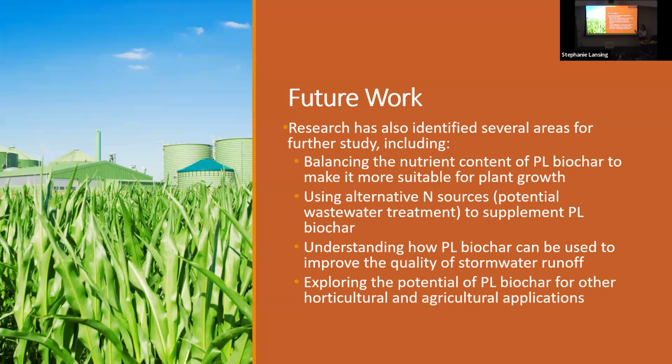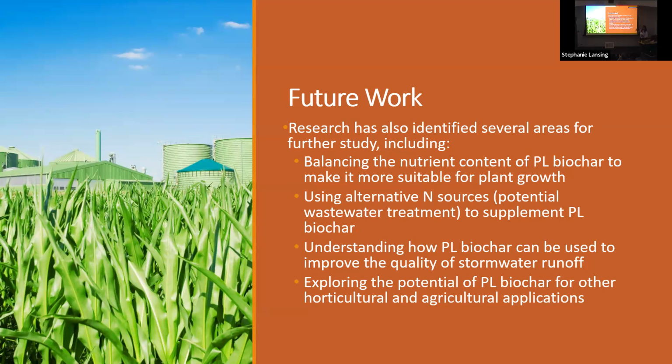So in order to continue this research, it would be great if additional nitrogen sources besides the digestate that I'm focusing on with my research would be analyzed, as well as assessing how different NPK ratios can be created for different types of plant needs.